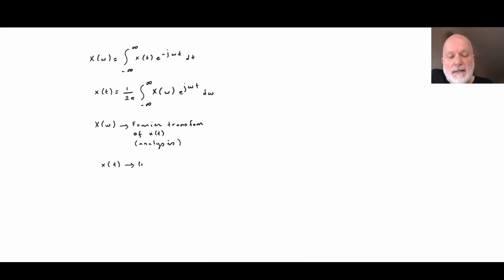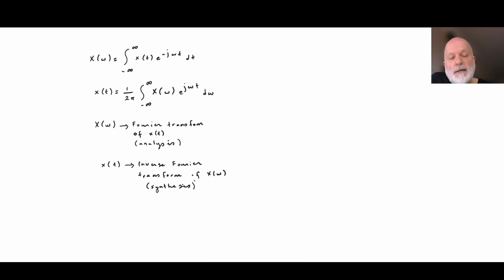This is the inverse Fourier transform of X of omega, and it can be interpreted as synthesizing the signal x of t by means of the frequency components.